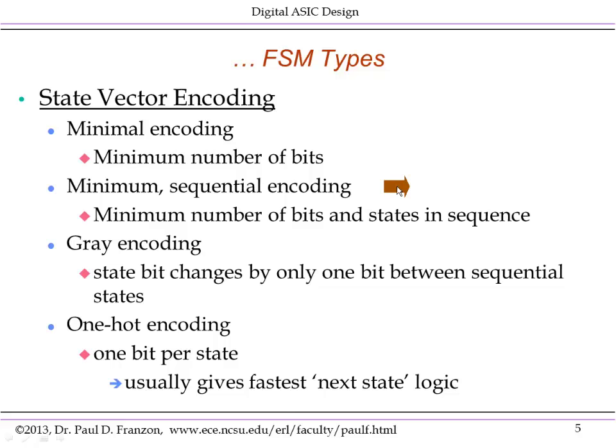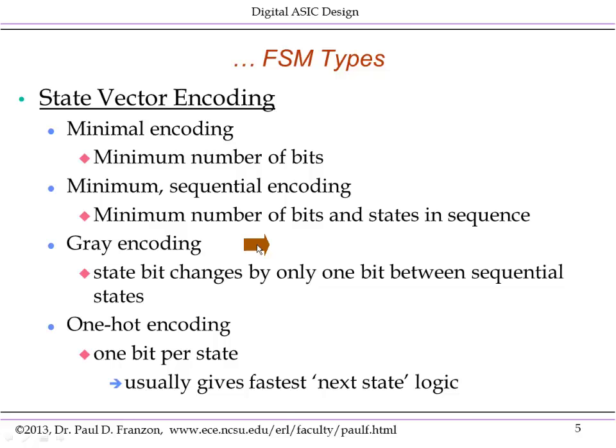So the natural tendency and the usual approach to encode the state vector is to do minimal sequential encoding. That is, the states are numbered in some sort of natural sequence, such as top to bottom, left to right on the previous page.